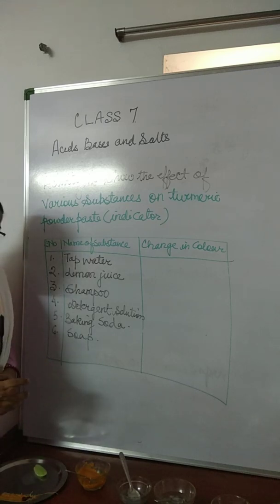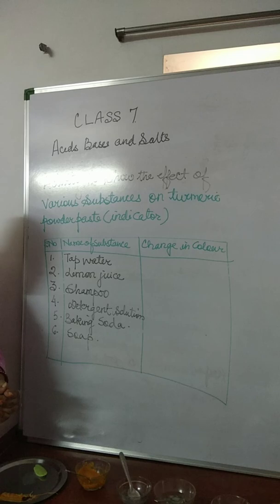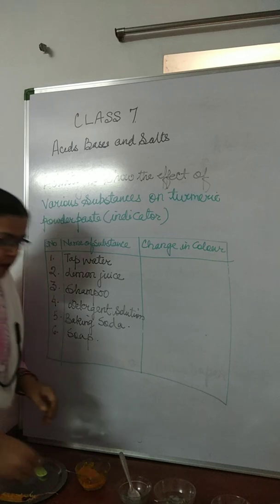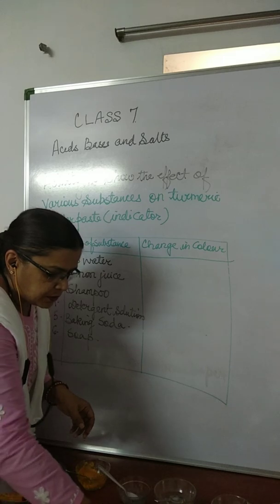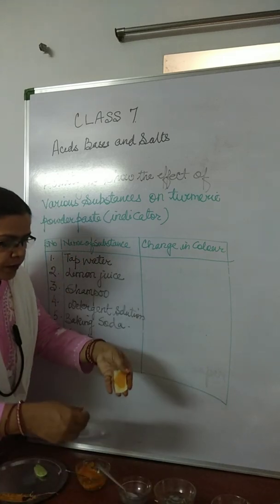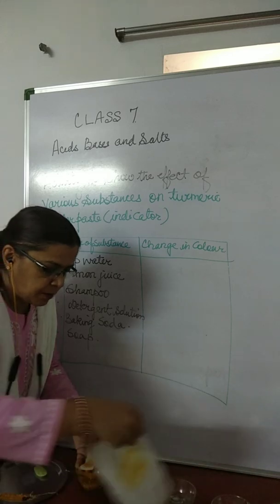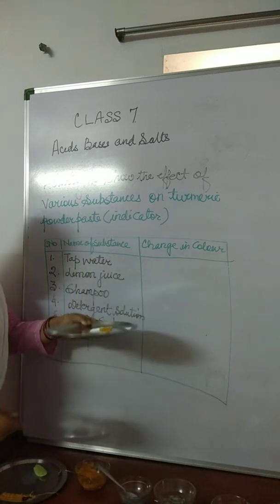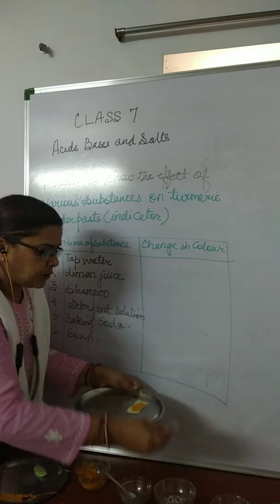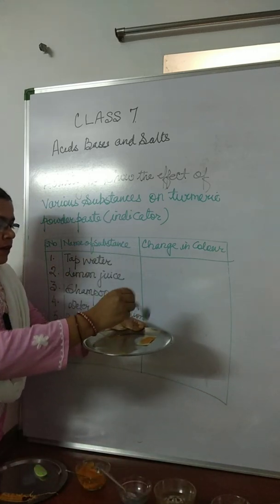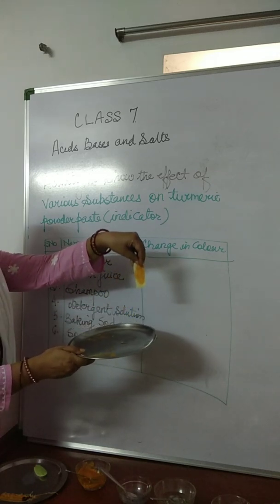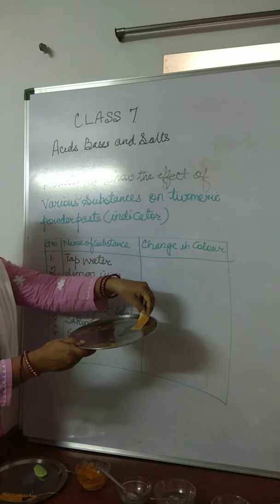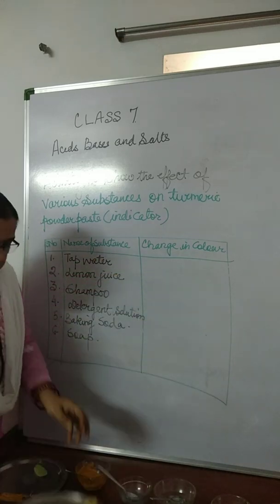So we can find out whether the given substance is basic or not. Let us now do a test. First we have tap water. We will be adding the tap water to the given substance over here. I will take them one by one. I will add the tap water to this given solution, and we will find that there is no change in the color.